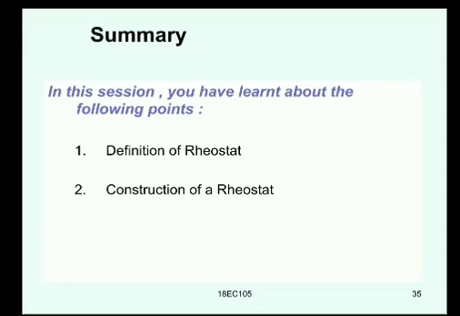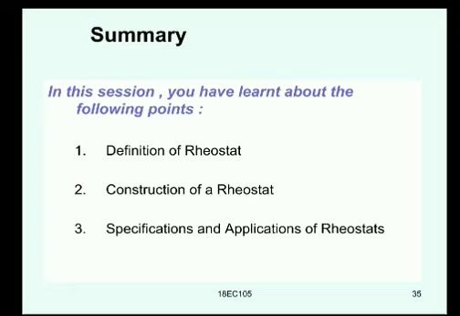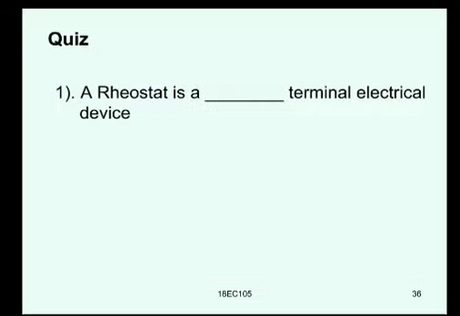We have seen the construction of rheostat. Then we have also seen different types of rheostats available in the industry of different sizes and shapes. Then we have seen the specifications and the applications of the rheostats. And of course we have also done the comparison of a potentiometer and a rheostat.